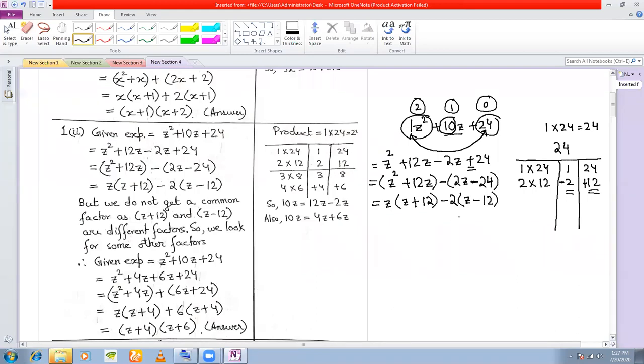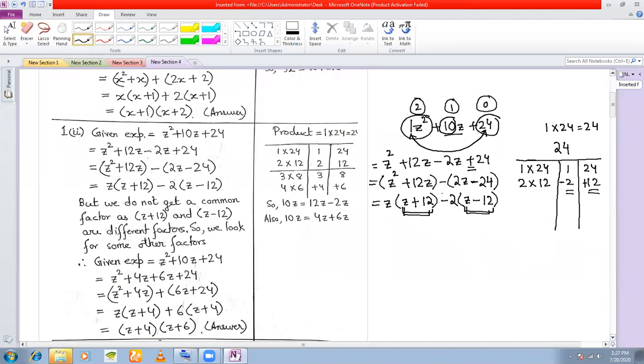Now see what is the problem here? I am getting z plus 12 here and z minus 12 here, isn't it? That means I cannot take out the common factor, because I'm getting two different factors here.